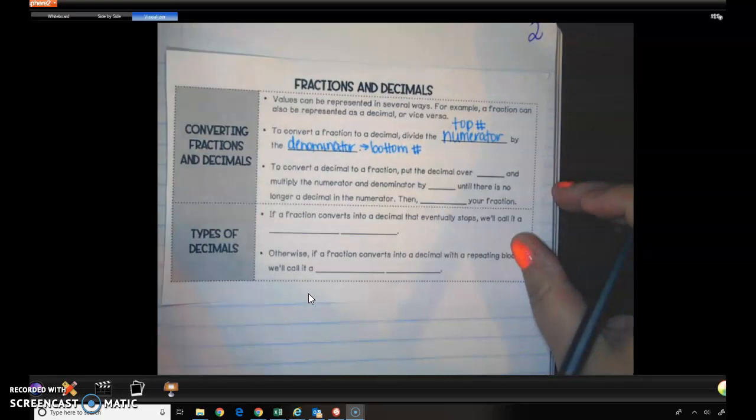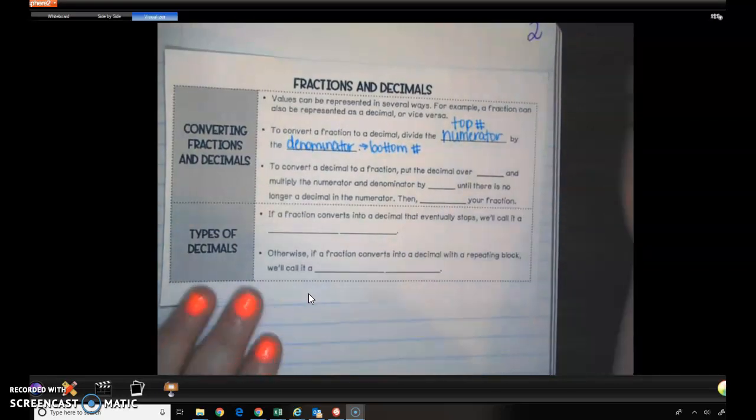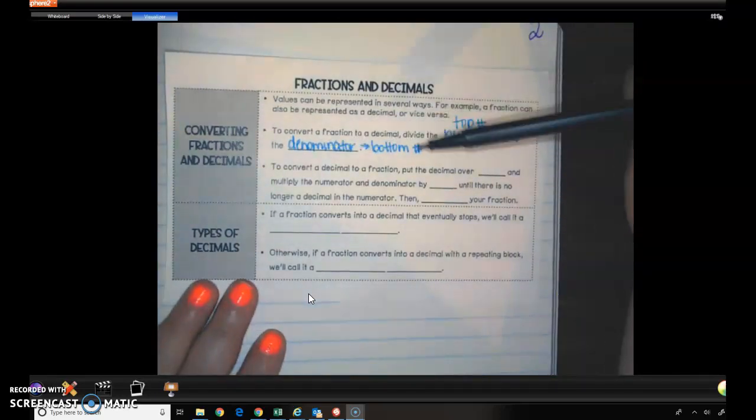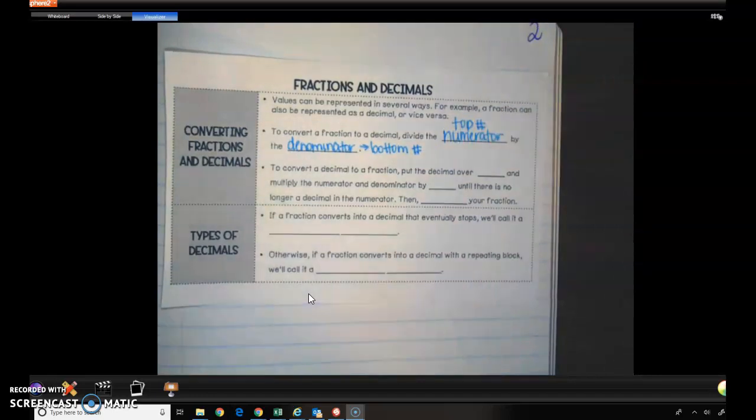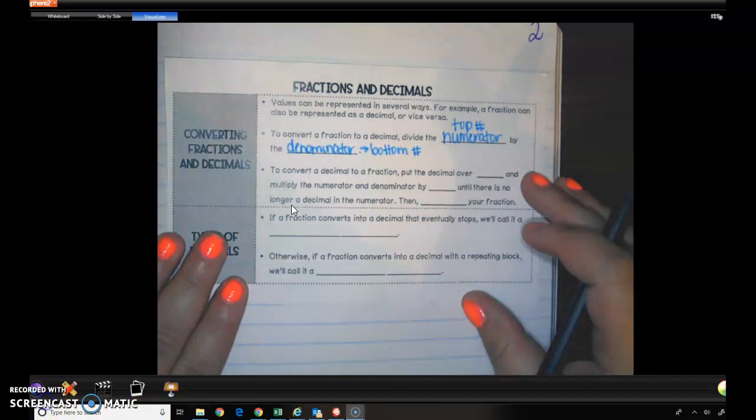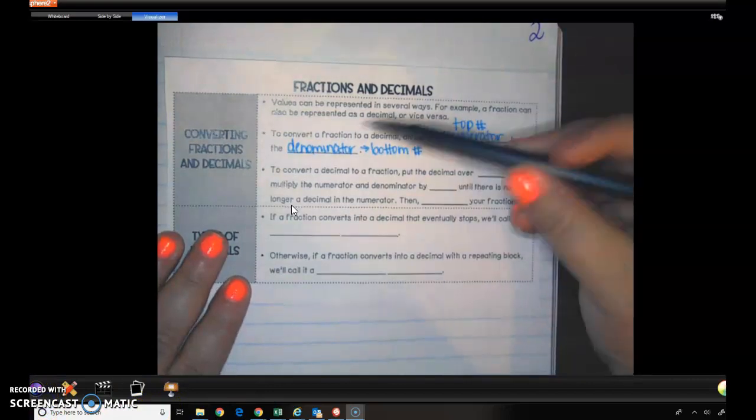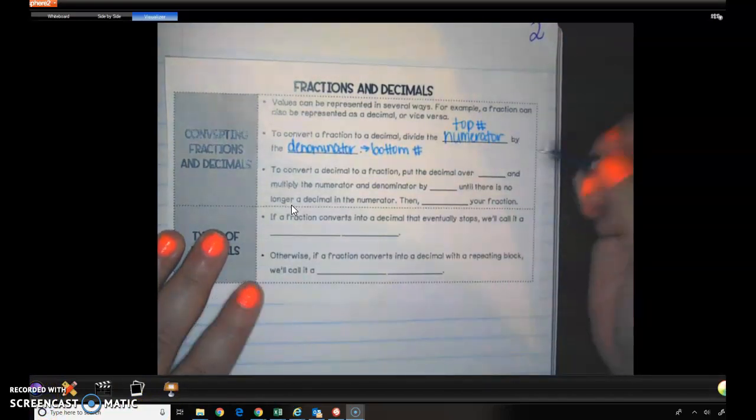If you need to pause the video at this time so that you can get this down, you may go ahead and do that. So hopefully you've paused to get down that sentence and now you're pushing play.